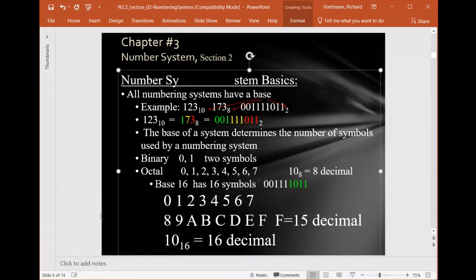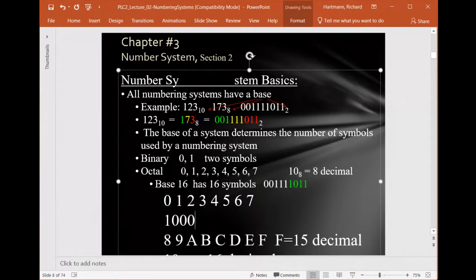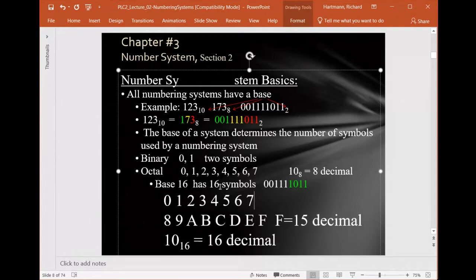So 1 0 1 1. 8 is 1000, 9 is 1001, A and B, so it would be a B. So if we were to write this in hexa, it would be a B, and then these 4 bits is a 7. So it would be 7B.